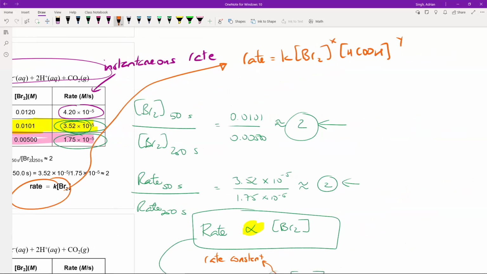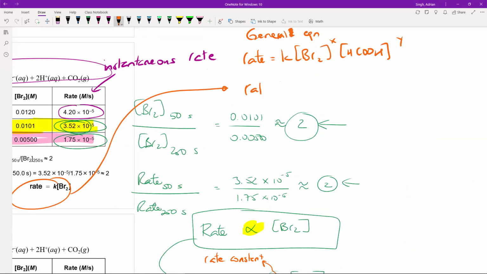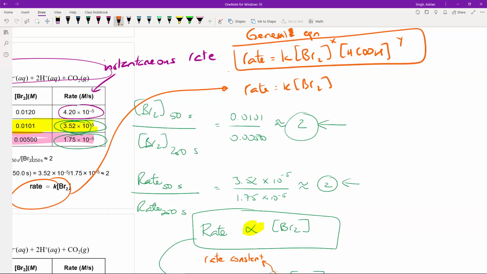The general equation is above, and the one underneath is what we determined from the experiment. You'll notice we have a similar expression. In this case, the value for x has to be 1, because anything raised to the power of 1 is that thing. And we don't see the HCOOH in our rate law for this equation.